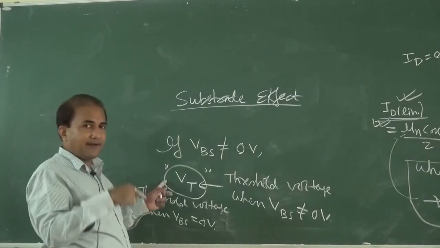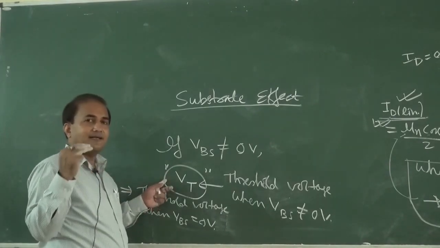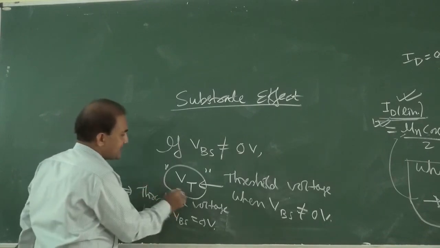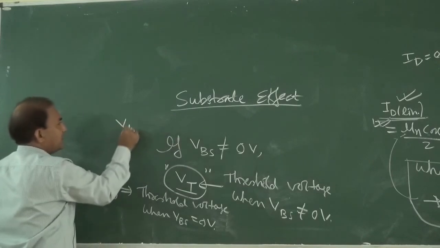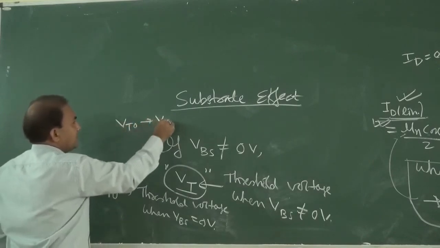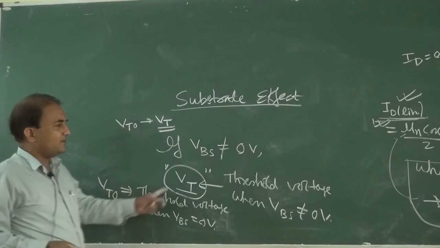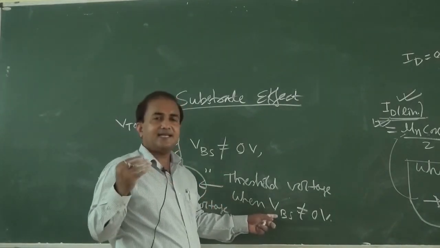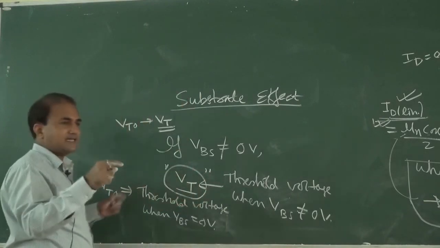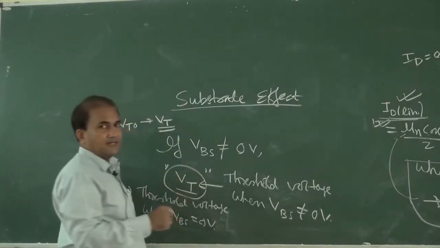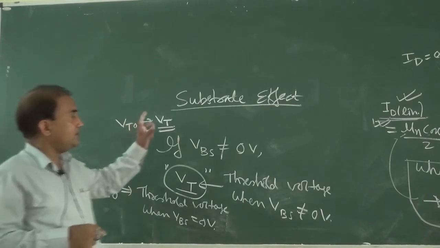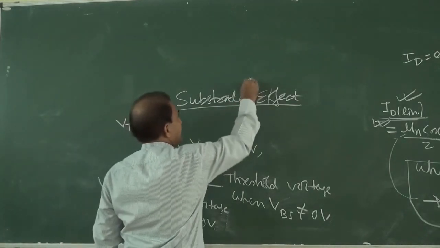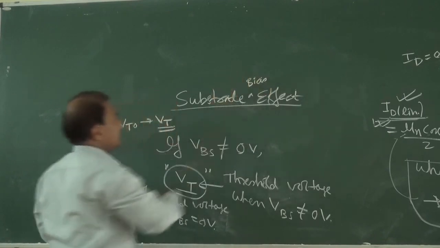So it will affect the expression for drain current in linear mode and in saturation mode, because in that case VT naught will be replaced with VT, because VT is the threshold voltage of the device when some external voltage is given to the substrate terminal. So this is about the substrate bias effect.